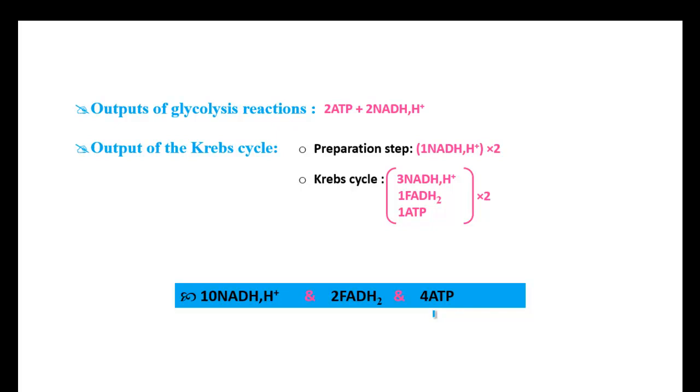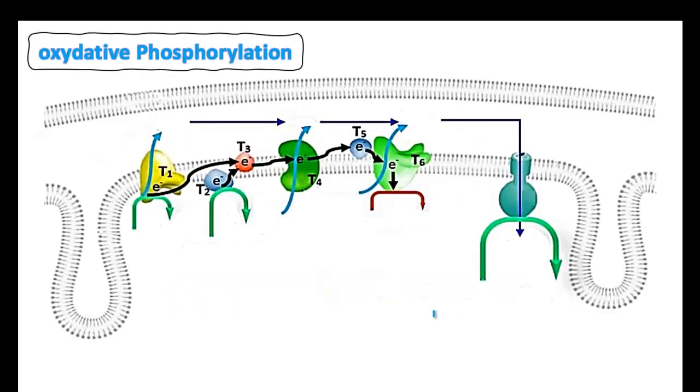At this point the oxidative phosphorylation gets involved, because in this phase we will see the destiny of all these electron transport molecules and how they will be converted into ATP molecules.